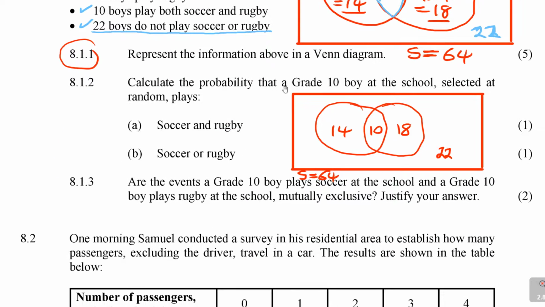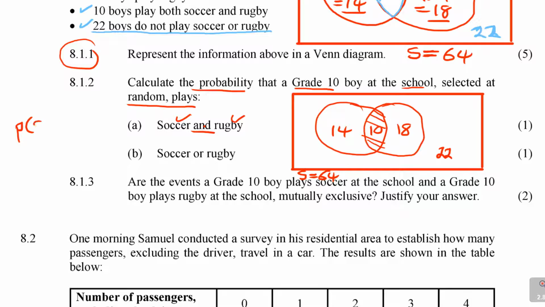It says calculate the probability that a grade 10 boy at the school selected at random plays soccer and rugby. And means the intersection, where these intersect. That's why it's 1 mark. It's simple.